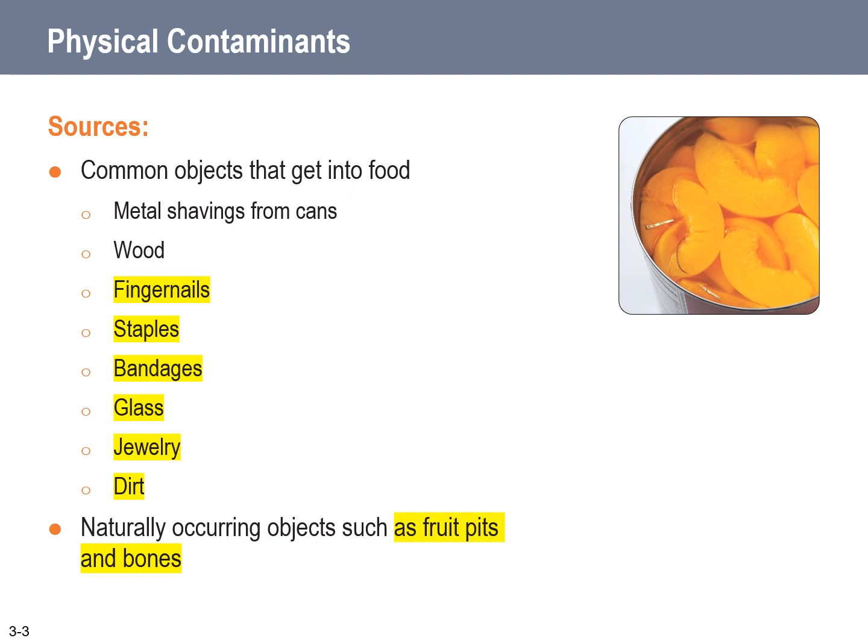And then there are naturally occurring objects such as fruit pits and bones. If you think of a cherry or an olive, those have pits in them. They are usually pitted when you buy those things. However, sometimes even when they have been pitted, there might still be pits in them by accident, so you always want to make sure to remove them. And then bones in fish.